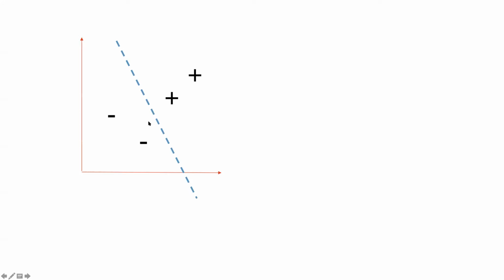So there may be an infinite number of lines between these two groups in this example, and we will try to find something like a best one, okay? And so the question here is, which straight line should I use?